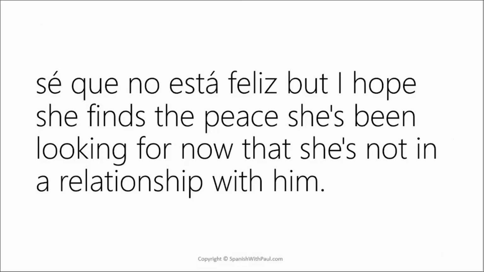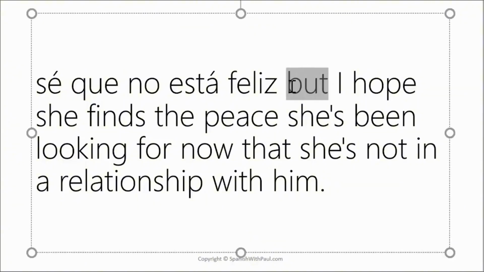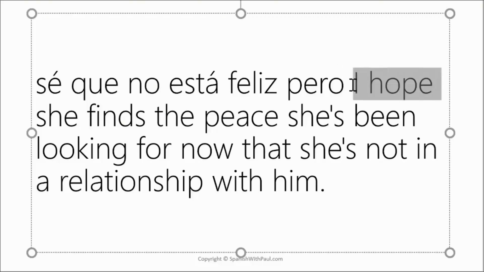Then we have but I hope she finds the peace that she's been looking for. Now here we do have a trigger for the subjunctive. Let's get rid of this first. So we have pero. I hope she finds. This is I hope that she finds. And espero que triggers the subjunctive. So for I hope, we're going to have espero que.